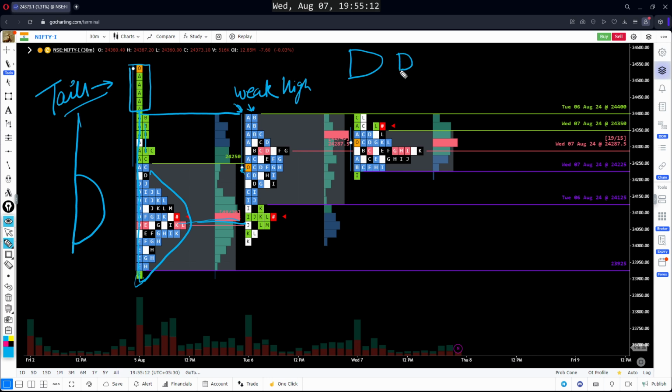You can call it a D-shaped curve, right? When the curve is D-shaped and in the center there is a point of control, some volume is attached in such a way that the 70% value area is on the upside and the downside combined.